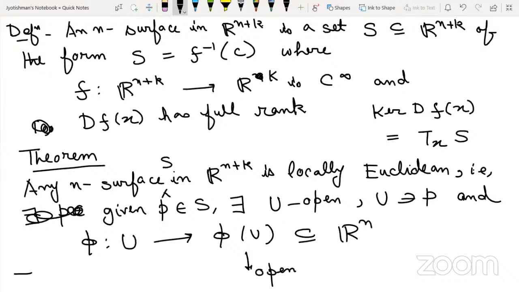So this set is open in R^n, and this phi is a diffeomorphism.